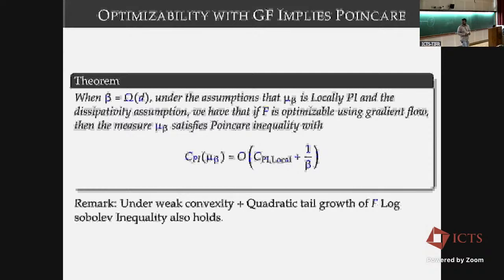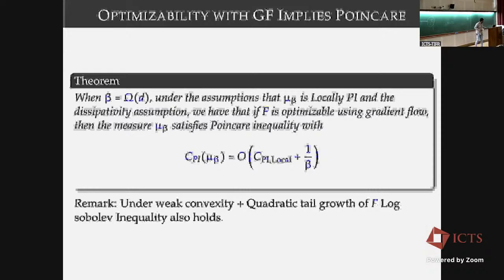Okay, and I'm hiding here constants that come from the two assumptions in my previous slide. And once you have weak convexity and quadratic growth as you go farther out for F, you can also show that this can be strengthened to a log Sobolev inequality.